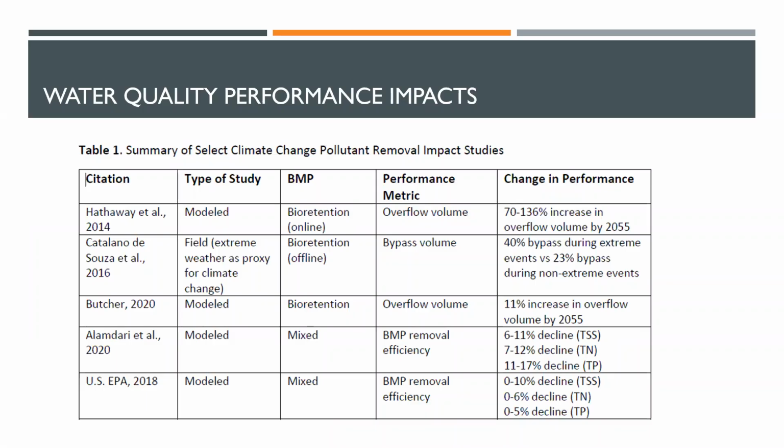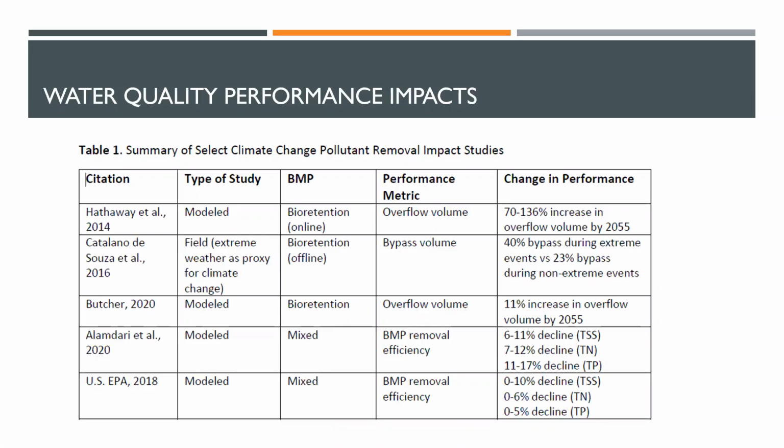Some of these other studies have done modeling approaches, simulating future climate conditions through things like the SWMM model or other stormwater management models. And all of them found some degree of loss in performance due to climate change, ranging anywhere from maybe 0 to 15% loss in pollutant removal efficiency, to something pretty extreme in the case of the overflow modeling that was done in North Carolina at the Hathaway study.